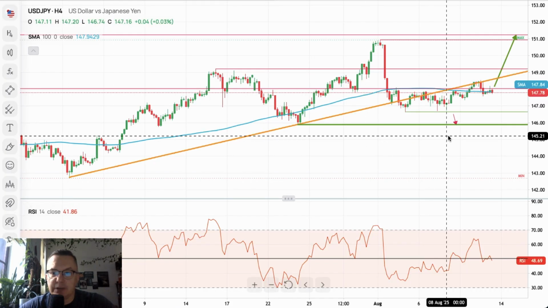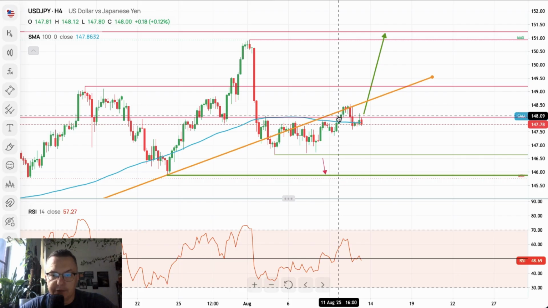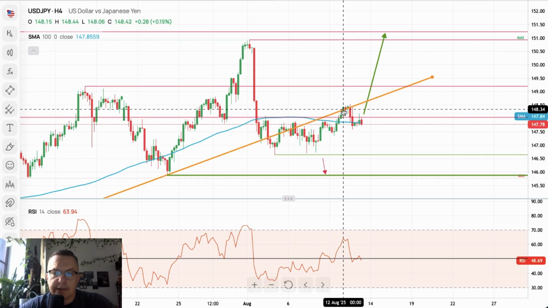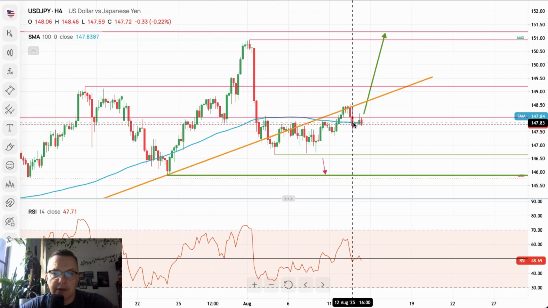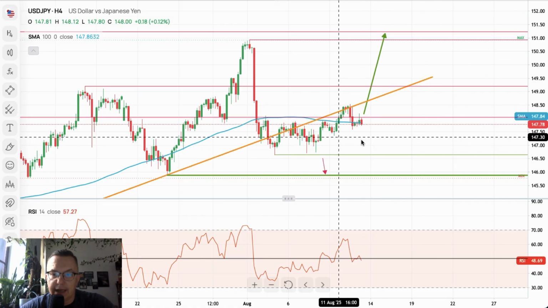US dollar versus the Japanese yen doesn't do much after the breakout above the level of 148.04. It tested the trend line again, and then has been obviously capped at this level. We are now trading very close to the 100 periods moving average located at 147.84.